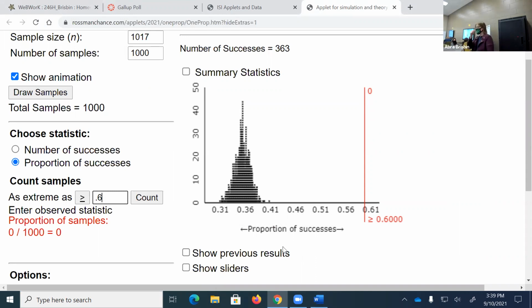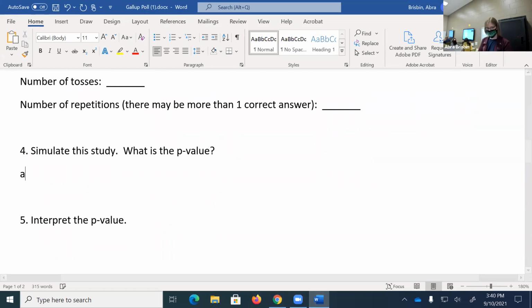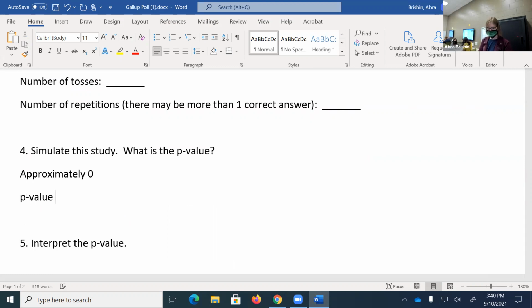So that gets us a really extreme result. Out of these 1,000 repetitions that I did, none of them had 60% or more people in favor of legalizing marijuana. So we would say that the p-value is approximately 0, or that the p-value is less than 1 over the number of repetitions or simulations that I did.